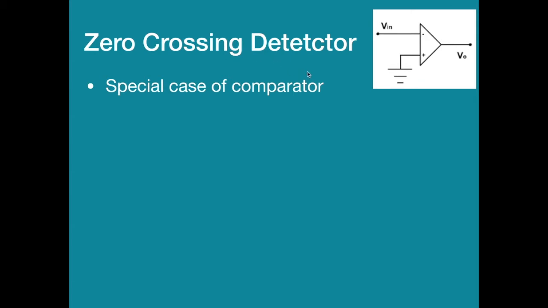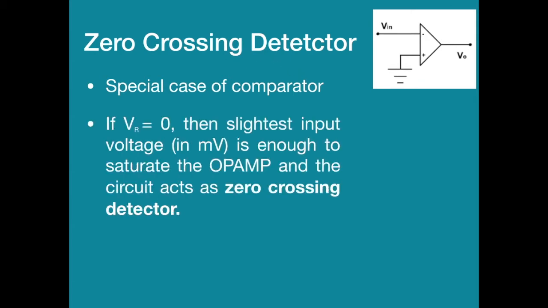And so it is termed as zero crossing detector. V reference is 0 here, so even if there is the slightest input which is greater than this 0, the op-amp will go to one saturation level, and if this voltage is less than, that is, it is negative compared to this, then it will go to another saturation level.